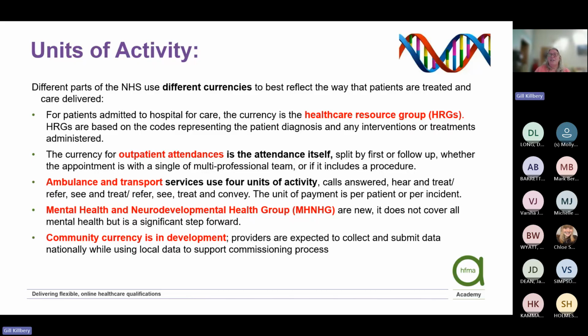Day case, inpatients, elective, non-elective, all have different codes. Outpatients split into first attendances, follow-ups, non-face-to-face with procedures. Ambulances get the same pound for each patient they bring into the hospital.